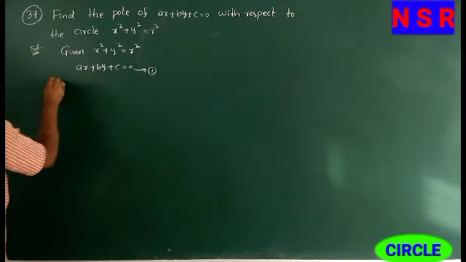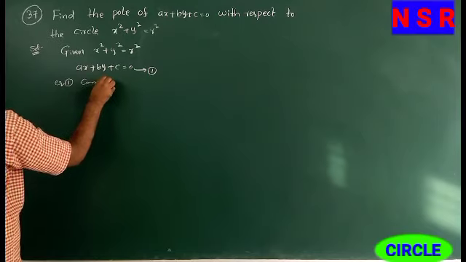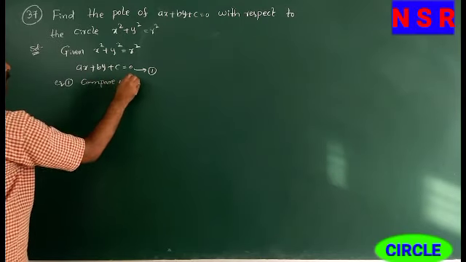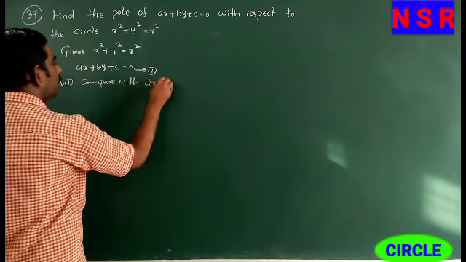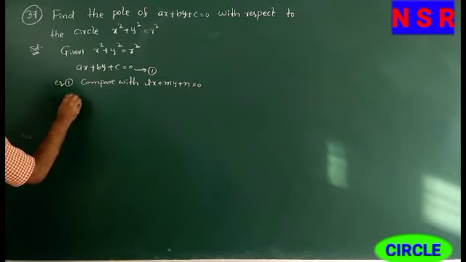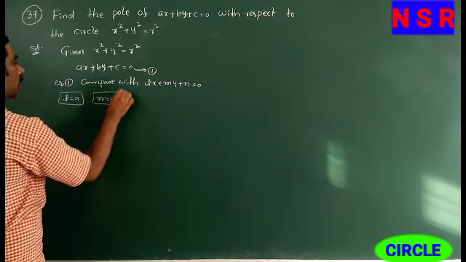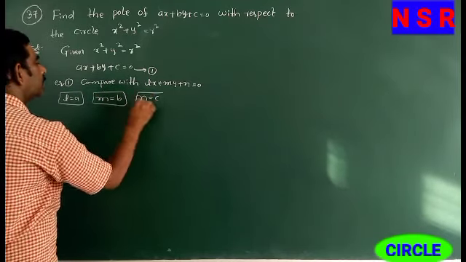Take it as equation number 1. Equation 1 compare with Lx plus my plus n equal to 0. So L equal to a, m equal to b, and n equal to c.